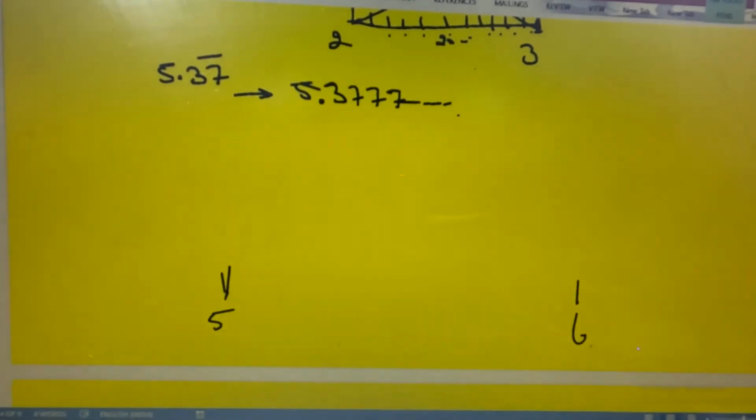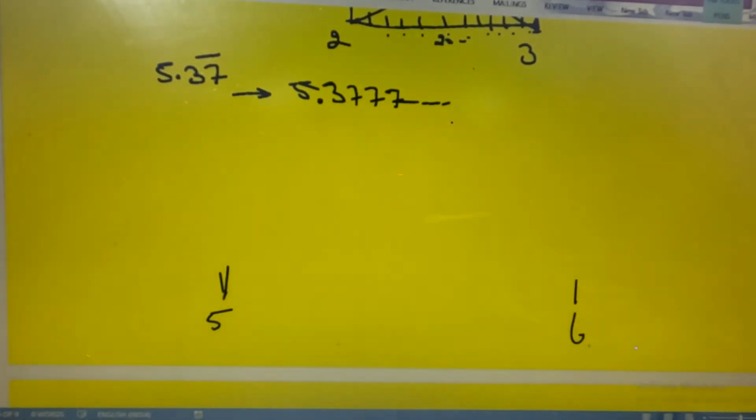In the next step we locate 5.37 bar between 5.3 and 5.4. On the number line we have 5.1, 5.2, 5.3, 5.4, 5.5, and so on up to 6. Now 5.37 means 3 is here and 4 is here.